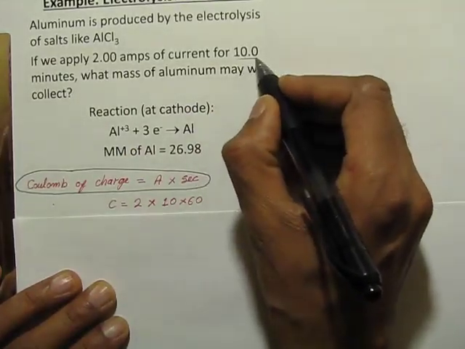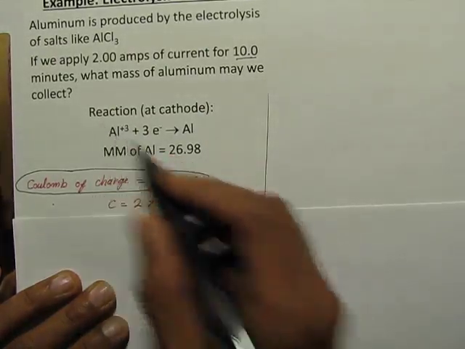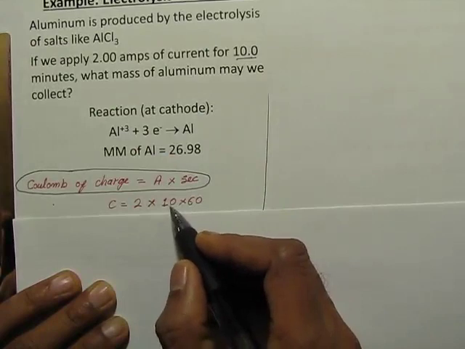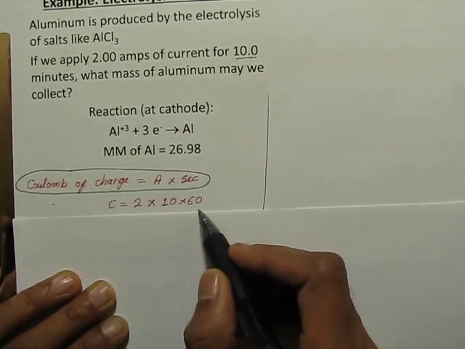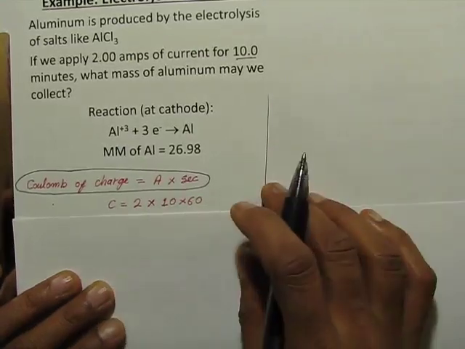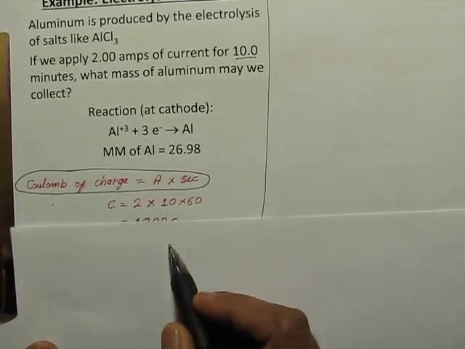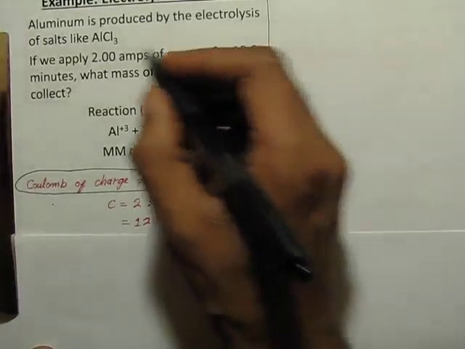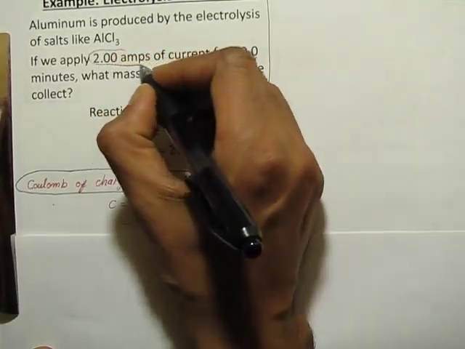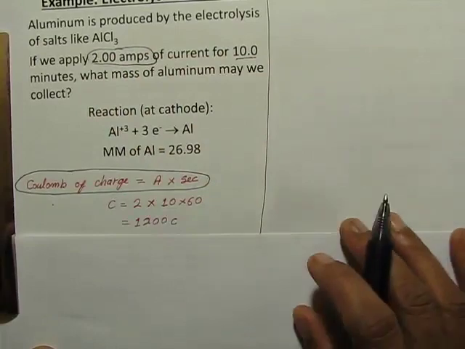They use 10 minutes here, so we convert 10 minutes into seconds: 1 minute has 60 seconds, so 10 multiplied by 60 is 600 seconds. When we multiply these values, it comes to 1200 coulombs. So we converted the 2 amperes of current into charge in coulombs.